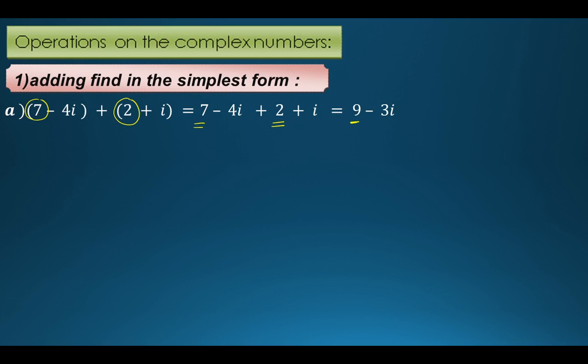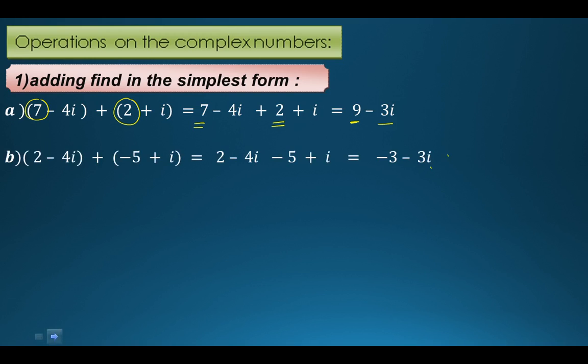Negative 4i plus I equals negative 3i. Very simple. So when we add or subtract two complex numbers, we add the real parts together and the imaginary parts together.